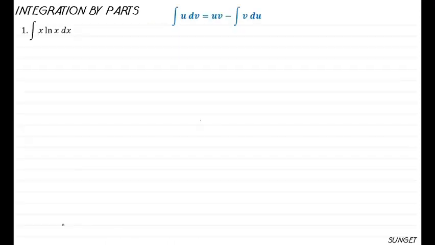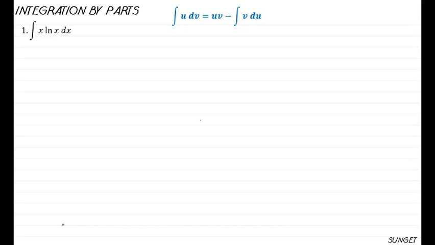Number 1. Evaluate the integral of x ln x dx. So for this example, we have a product of two functions, x times ln x. So we're going to use integration by parts. So first, determine the substitution for the u part and dv part.